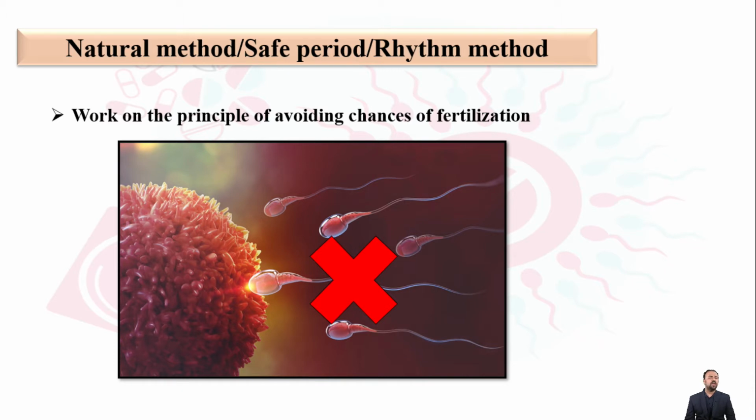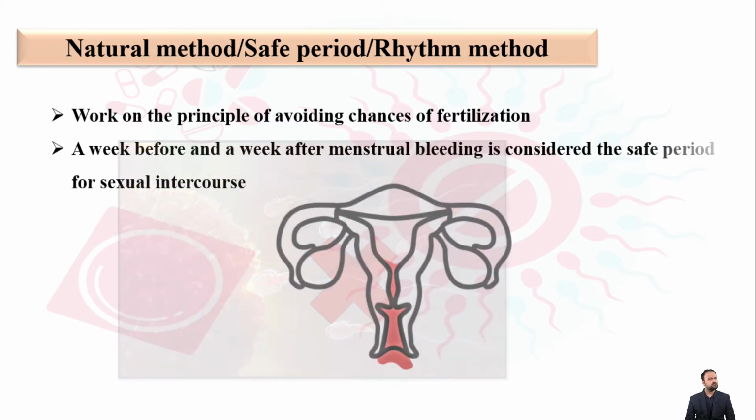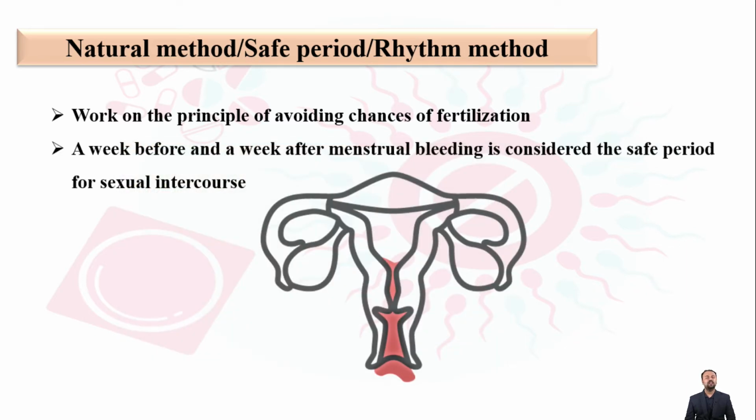That is, we are going to avoid the chances of the fusion of the sperm and the ovum. Students, it is generally known that a week before and a week after menstrual bleeding starts is considered to be the safe period for sexual intercourse without the use of any kind of contraceptive device.